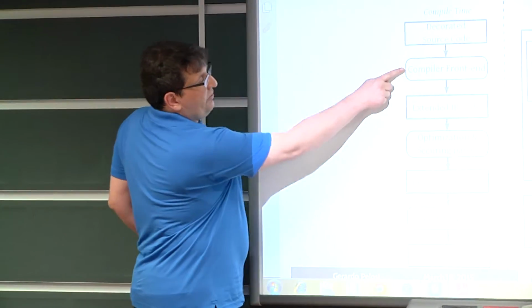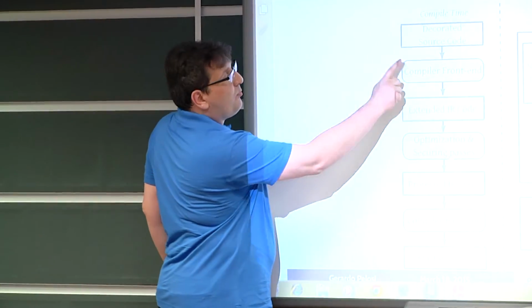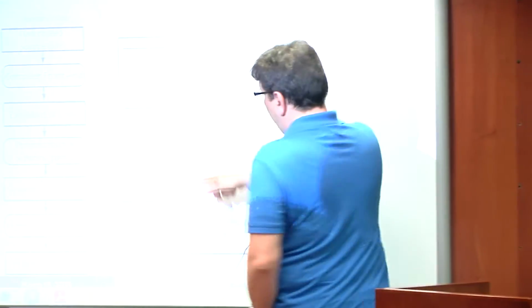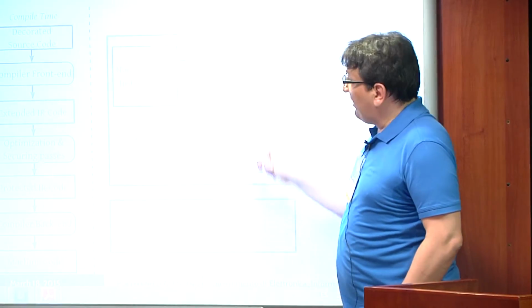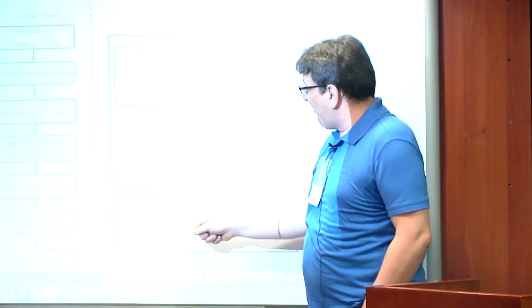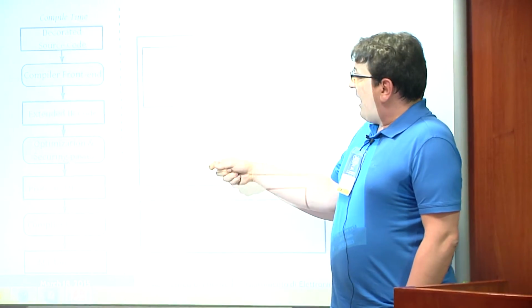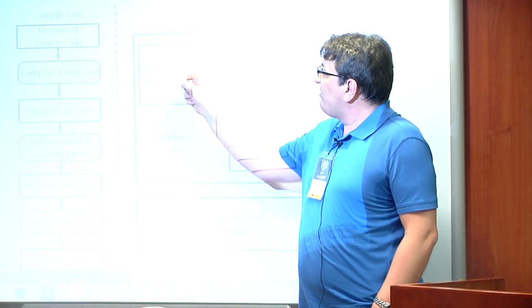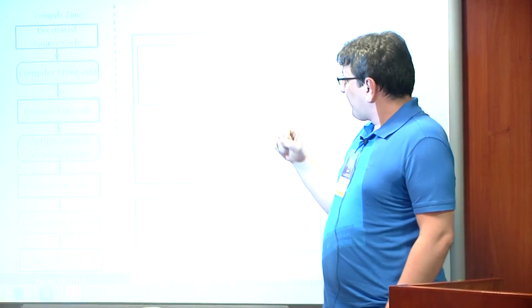We modified these two steps, the compiler front end and the optimization modules of the compiler pipeline, to obtain this kind of behavior at runtime. At execution time, when you run your algorithm, it will execute some non-sensitive instructions.